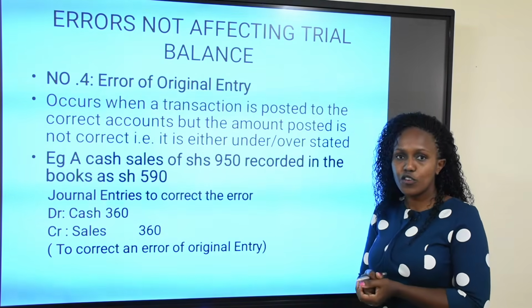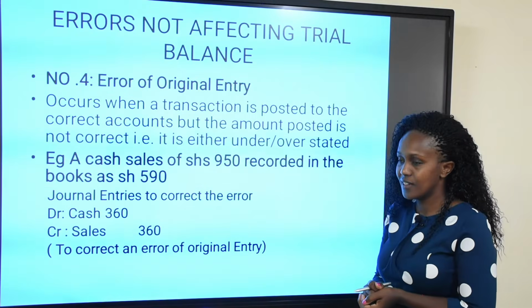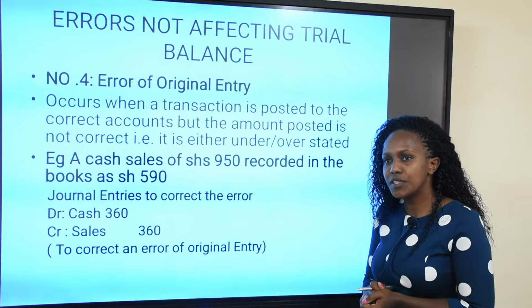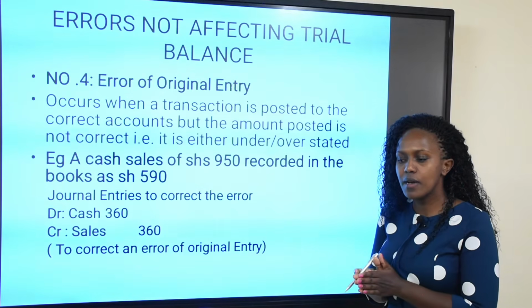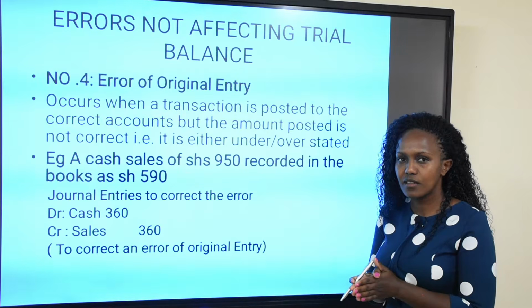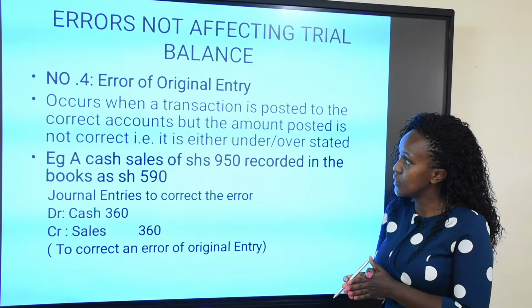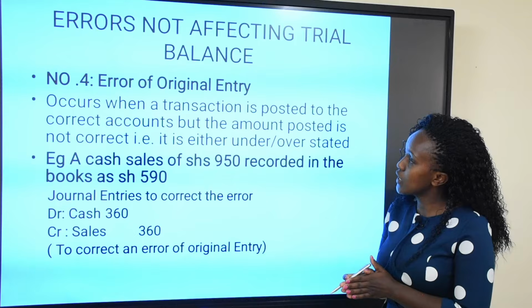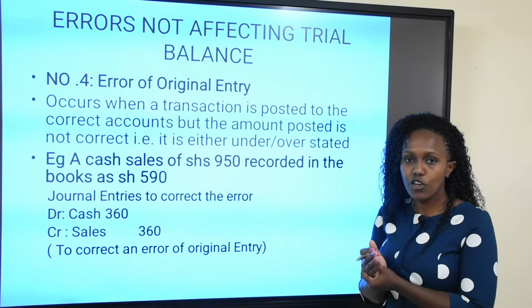is error of original entry. Now, an error of original entry results from amounts. It occurs when a transaction is posted to the correct account.